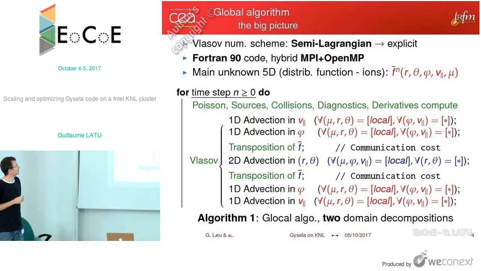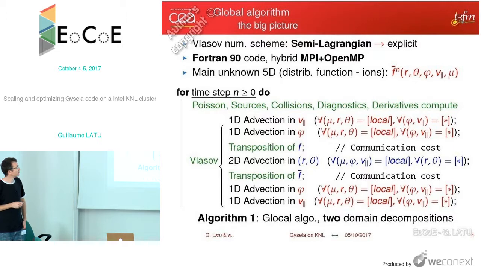Mainly, we have a time loop with a set of operators solved beforehand, and then the main Vlasov equation, which costs a lot. In the Vlasov equation, we have split along several directions. It's a splitting: advection along v parallel, advection along the phi direction with a given domain decomposition.